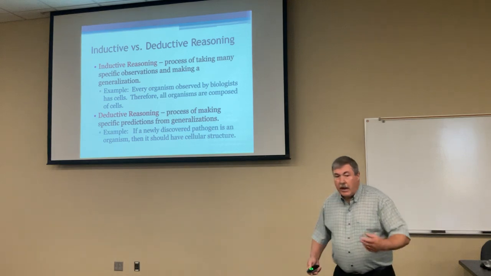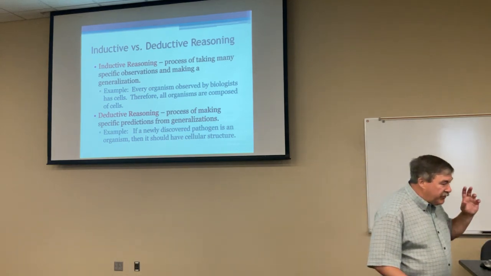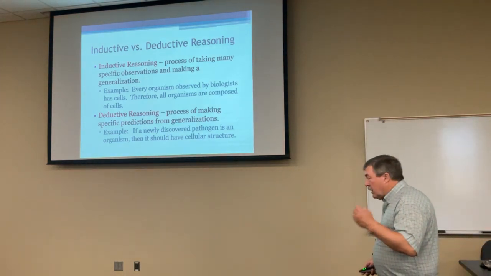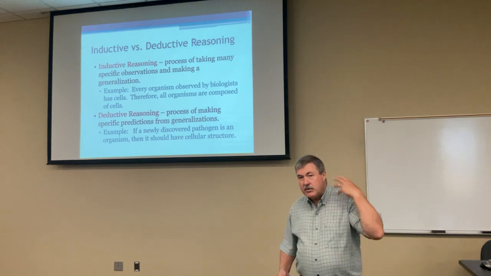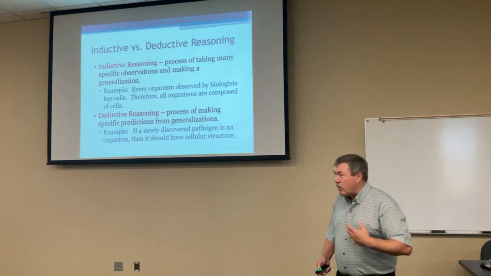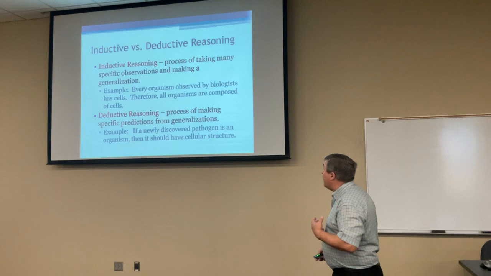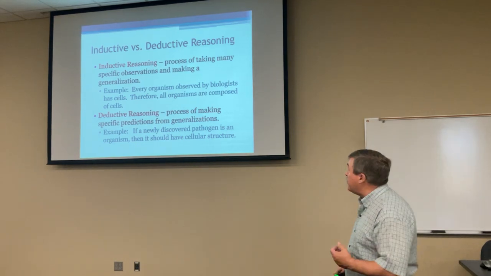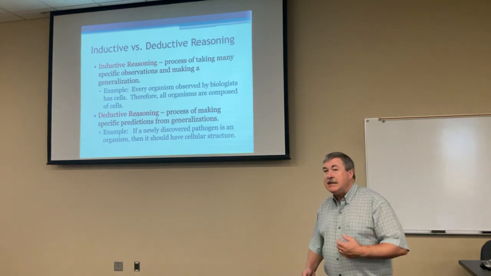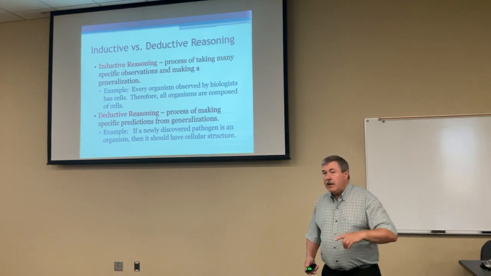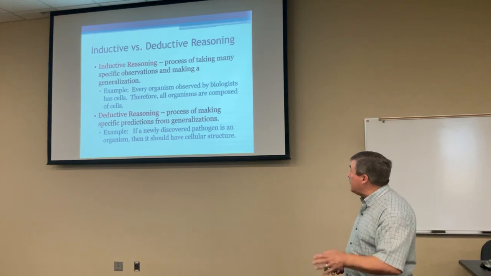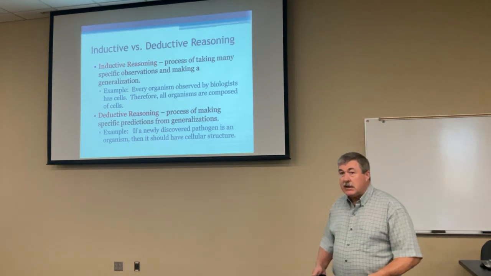Now, in the course of using the scientific method, there are 2 different types of what they refer to sometimes as higher level thinking or critical thinking. These 2 forms of critical thinking are referred to as inductive and deductive reasoning. And in the course of using the scientific method, you have to use both inductive as well as deductive reasoning.